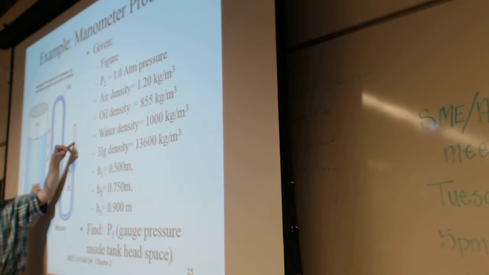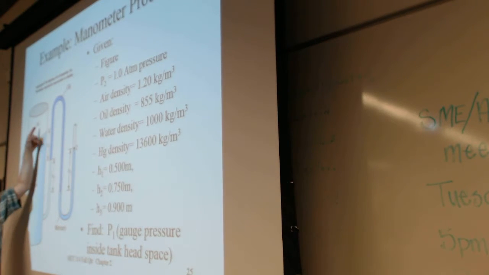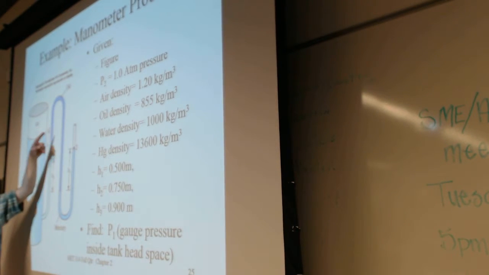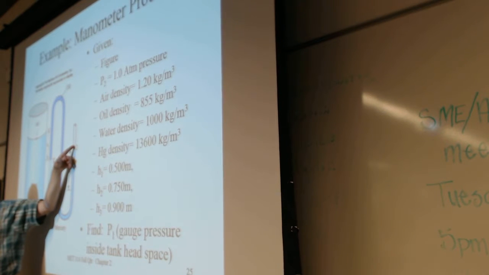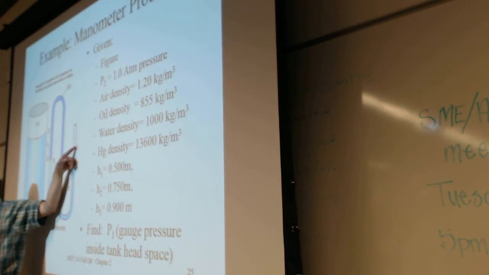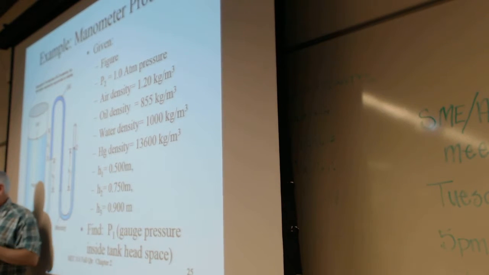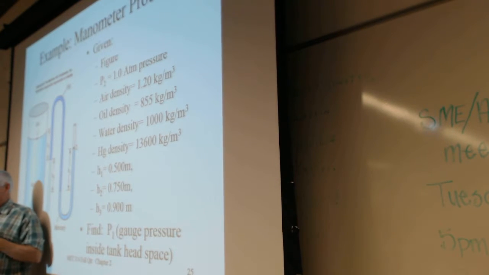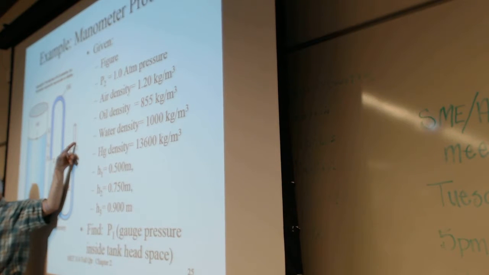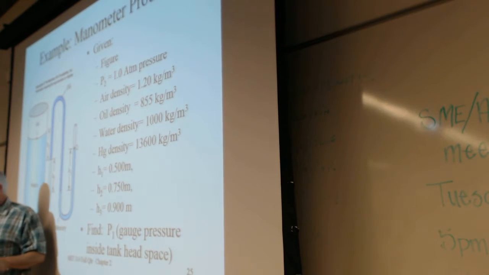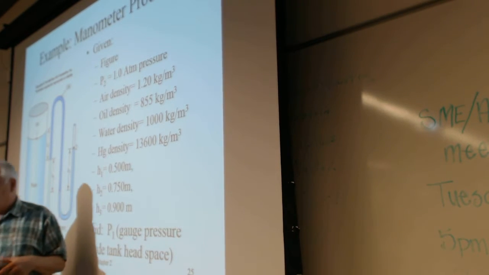So P1, here it goes to P2, and I want to know P2. My P1, if I'm measuring gauge pressure, is 0. It's atmospheric pressure. If I want an absolute, my P1 would be whatever the atmospheric pressure is, 101 kilopascals.